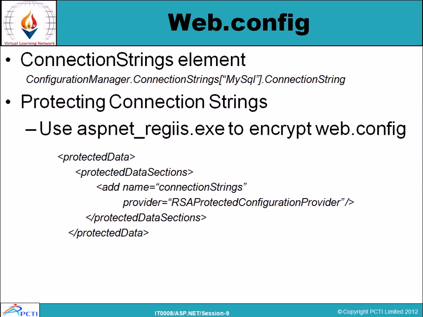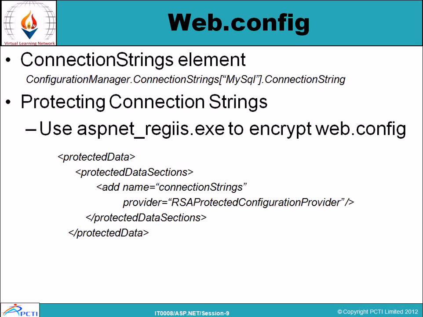Apart from this, the web.config class supports protecting connection strings, for example using aspnet_regiis.exe to encrypt. This is used for security because it helps us to encrypt the web.config file. So in this regard, there is a small snippet of code like protected data.